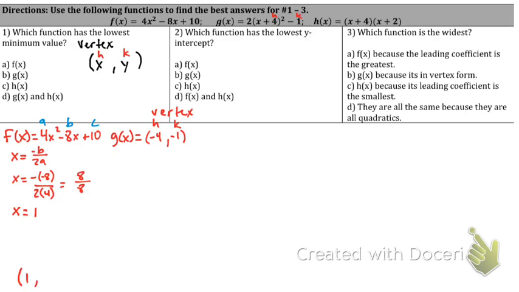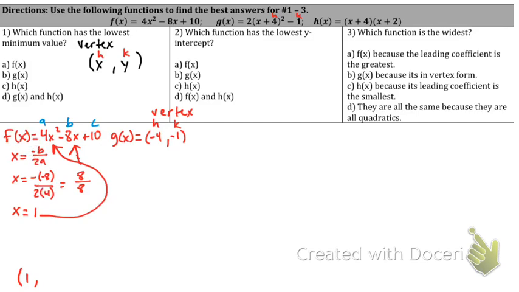Now I need to find my y value. How do I find my y value? Take x equal to 1 and plug it in for the x's in my original function, because remember, f of x is really just y.